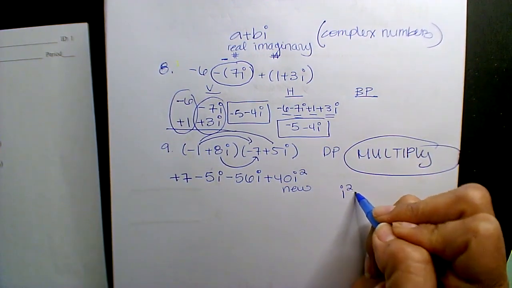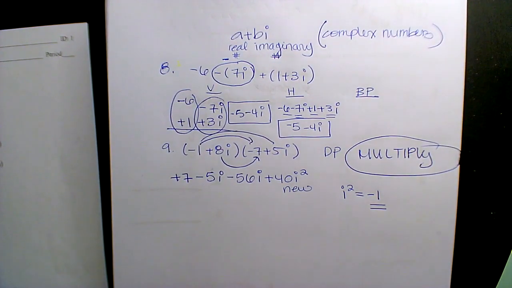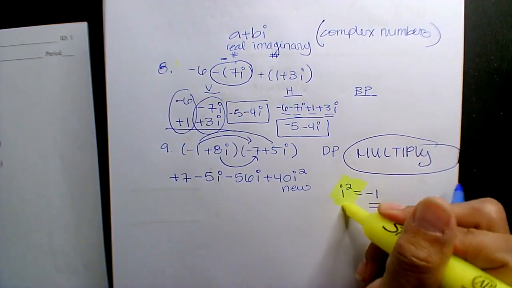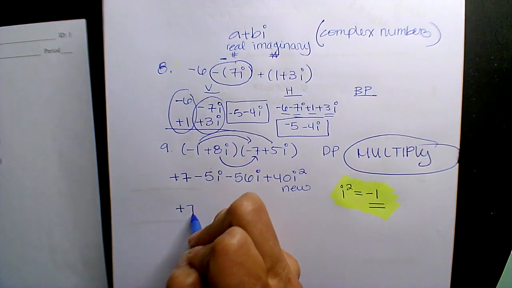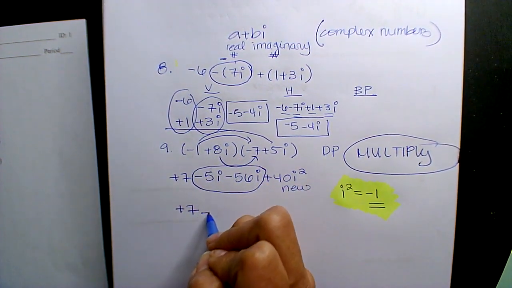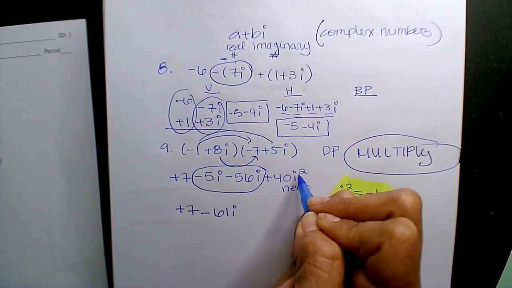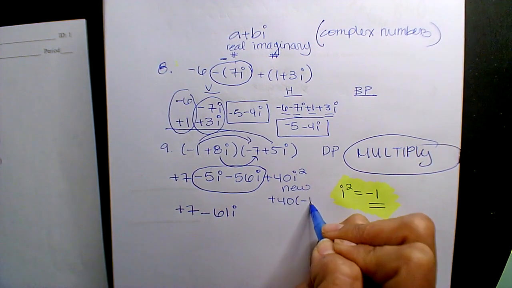i squared is -1, an integer that you need to substitute. You need to replace. So I have a +7. This here, like terms, is -61i, but this is really 40 times -1.